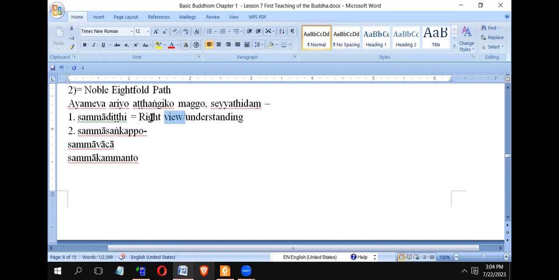View will be nearer to ditthi because the root of this is to see. So right view is nearer to the Pali. Understanding, sometimes it also means wisdom, so maybe this is not good. So I think nowadays right view is a better translation.